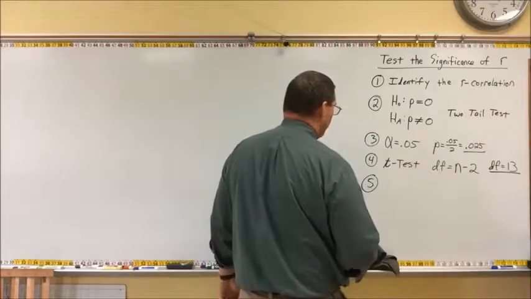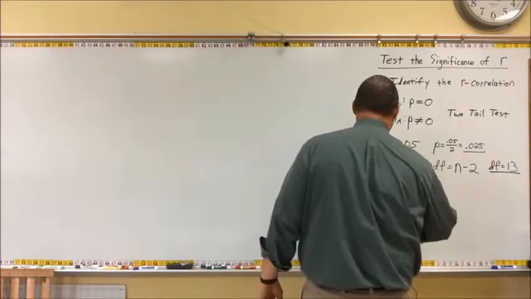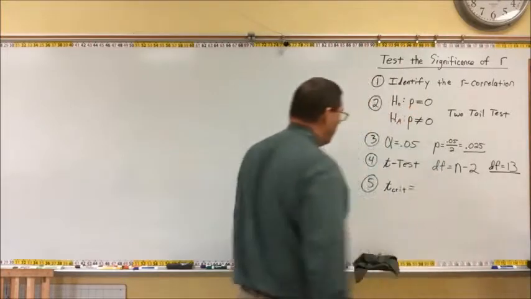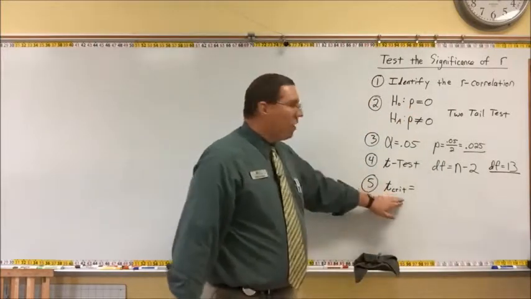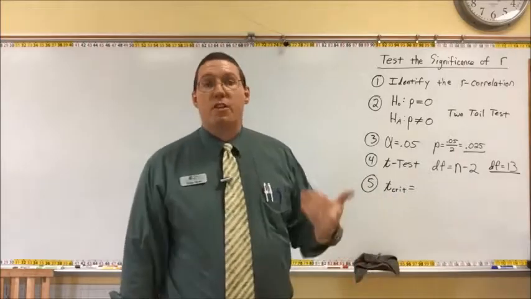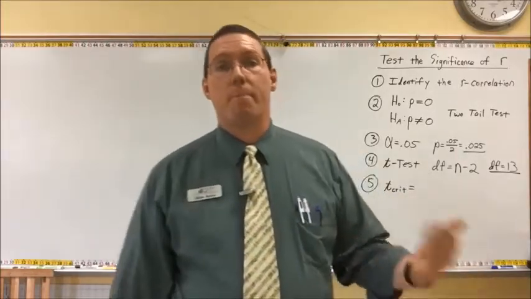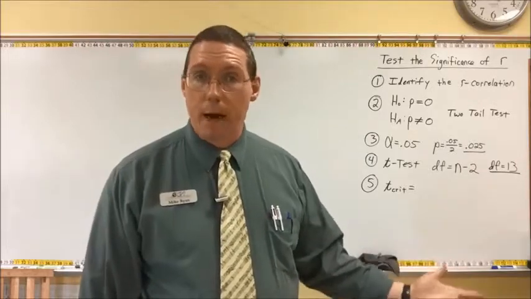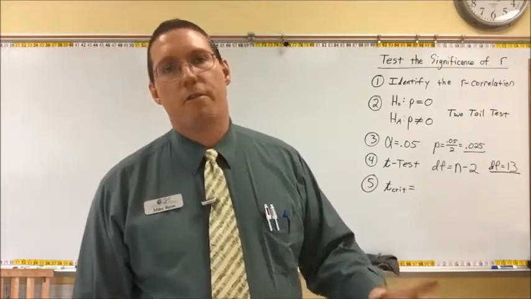The next thing we're going to do is we are going to identify the critical t value. All right. Now, for the critical t value, if it's a two-tail test, it's going to be plus or minus. If it's a left-tail test, it's going to be minus. And if it's a right-tail test, it's going to be positive.